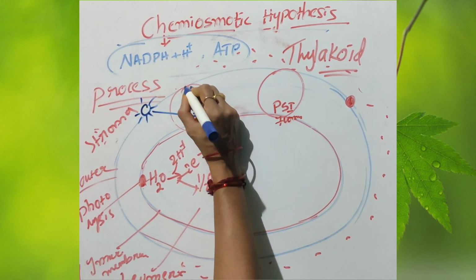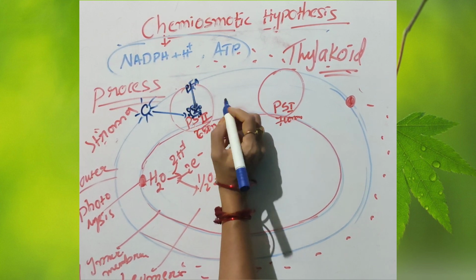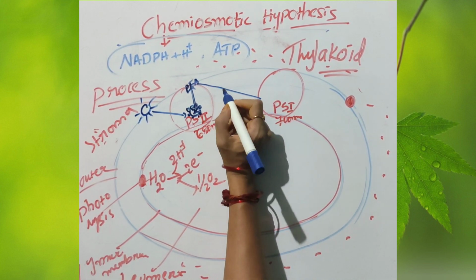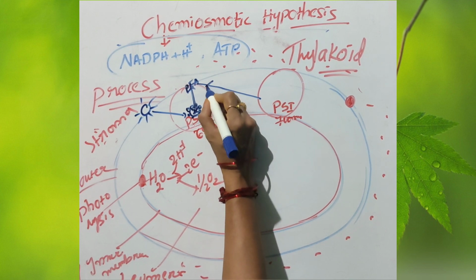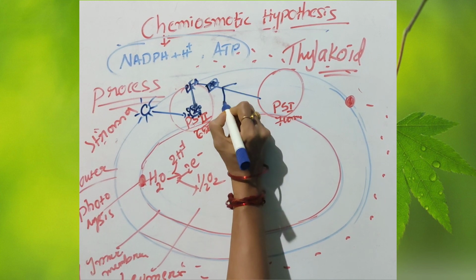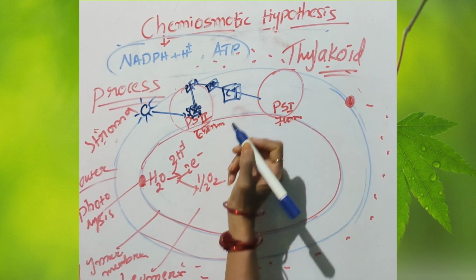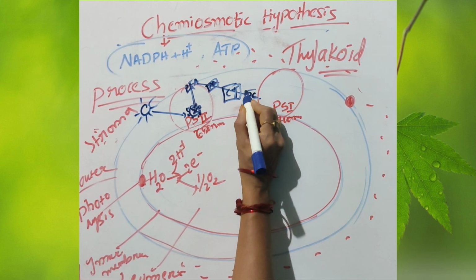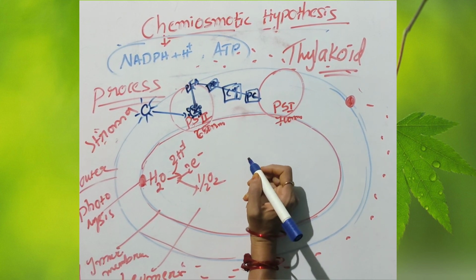These are accepted by the primary electron acceptor and transported to the electron transport chain, which has three important carriers. What are the carriers? Plastoquinone, cytochrome, and third, plastocyanin.